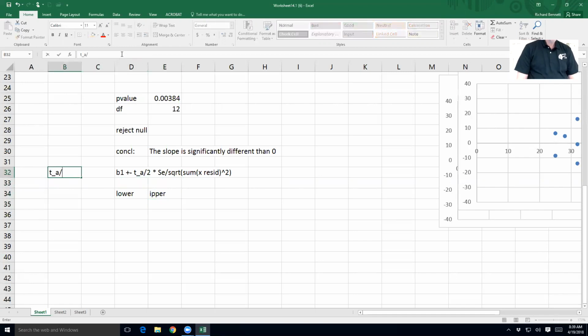How would I find my t sub alpha over 2? Chart, or with the computer? T dot inverse, very good. Inverse, two-tailed, what do I want in my tails?